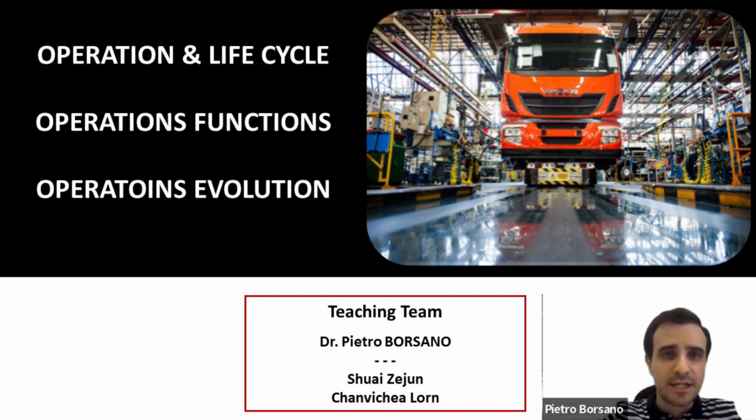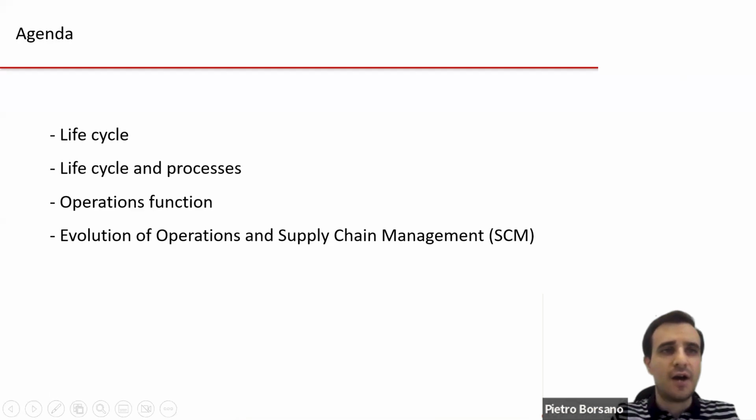Over the past few centuries, we have witnessed the evolution of operations and supply chain management, which unleashed many different product life cycles. What we are going to discuss in this lecture then will be the life cycle, how the life cycle matches with processes, how the life cycle determines the right processes.